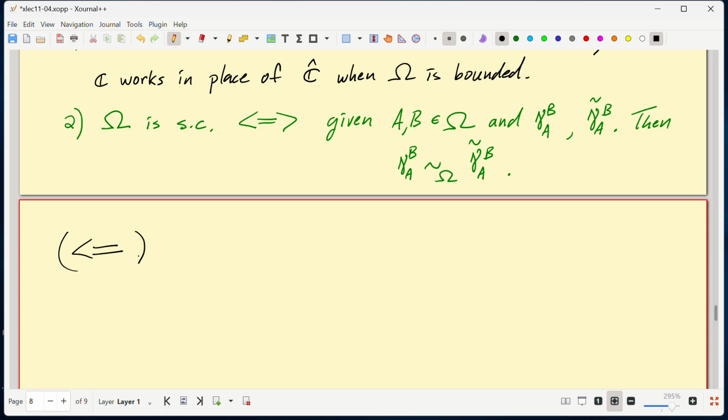So if I had a closed curve, I could start it at A as the starting point of that closed curve, and this B right here would be Z of 1/2. And then this would be my gamma naught over here, and then this gamma 1 on the other side would be minus this curve.